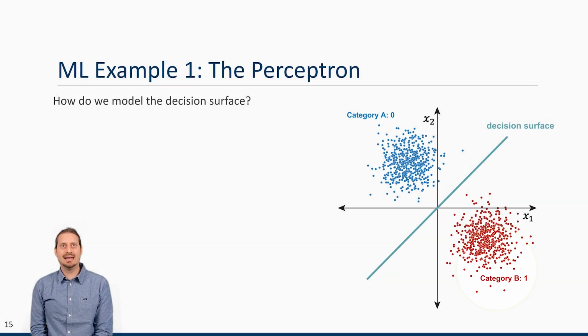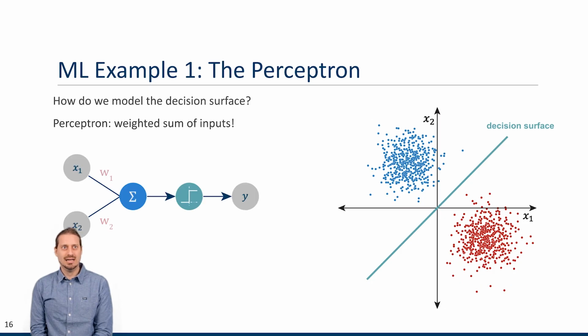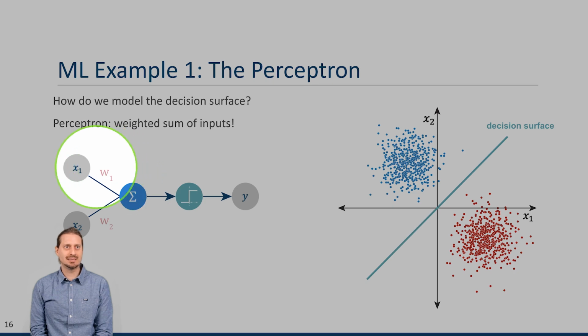And then we go on to the perceptron, which is a bit of a fancy name, but it's a very simple machine learning model that is just parameterized by two weights. I'll first go through this diagram here that shows this model, and then we explain how it actually works over the next slides. The idea behind this perceptron is that we have two weights, W1 and W2, and each of these weights is associated with our dimensions.